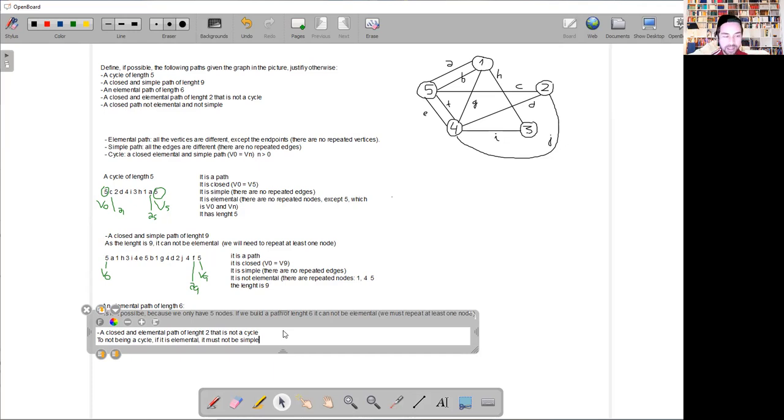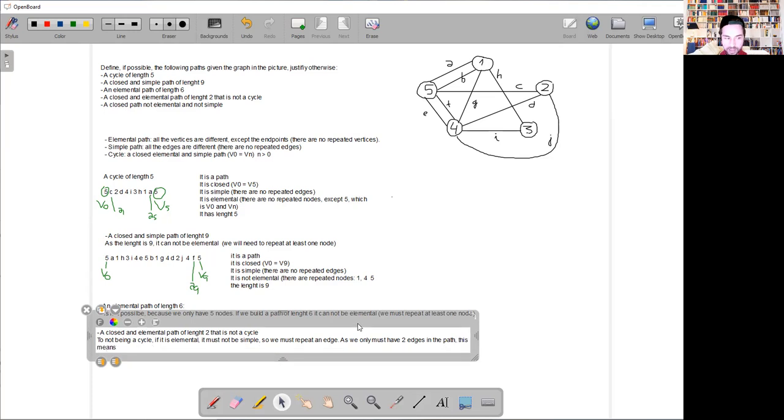So if it is elemental, it must not be simple. So we must repeat an edge, as we must have 2 edges in the path.